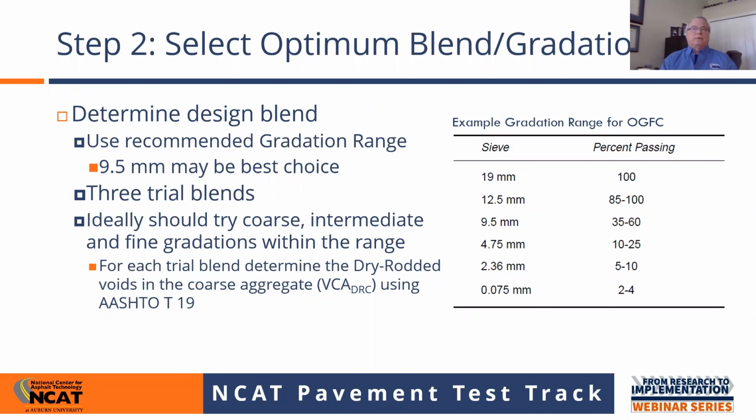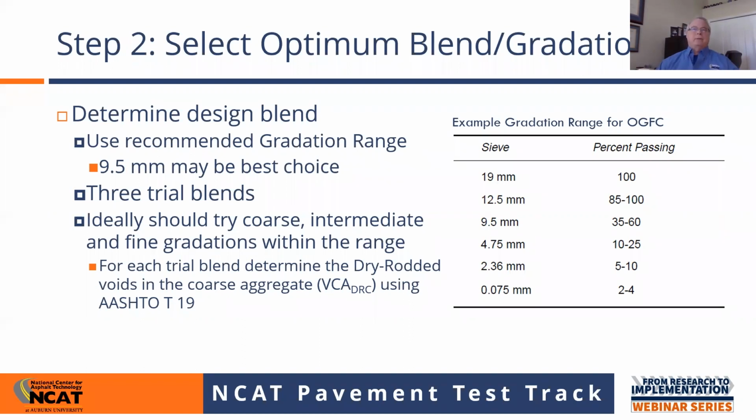In a perfect world, you do coarse, intermediate, and fine. When we did that for the Alabama DOT test sections on the test track, with the gradations of the materials we had to use, we basically could only get one in the intermediate. It was very difficult to get one too fine, or if you coarsened up certain sieves on one end, it fell out at the bottom. So it is a little bit challenging.